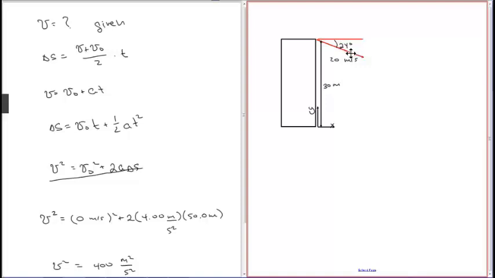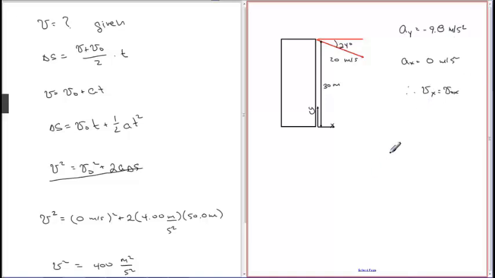We have the height, and what else do we need to know? Acceleration, there we go. The acceleration in the y direction is negative 9.8 meters per second squared. The acceleration in the x direction is 0, which means, therefore, v sub x is equal to v0 sub x. It's a constant velocity situation.